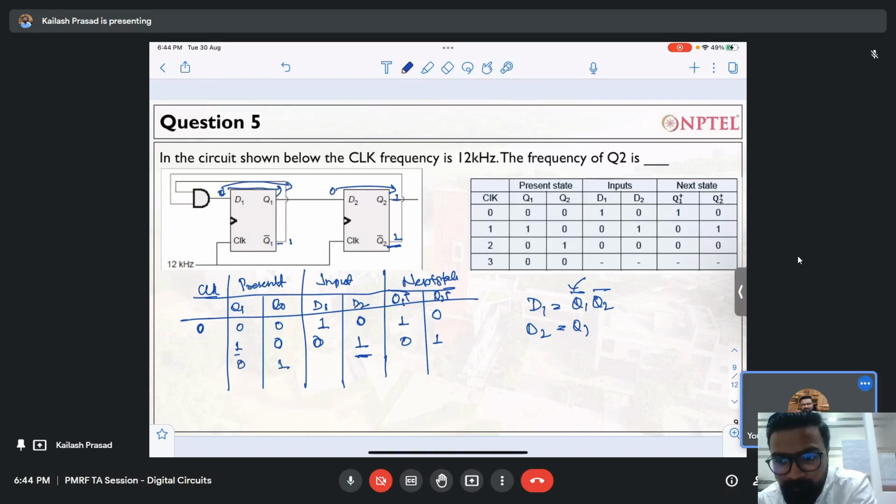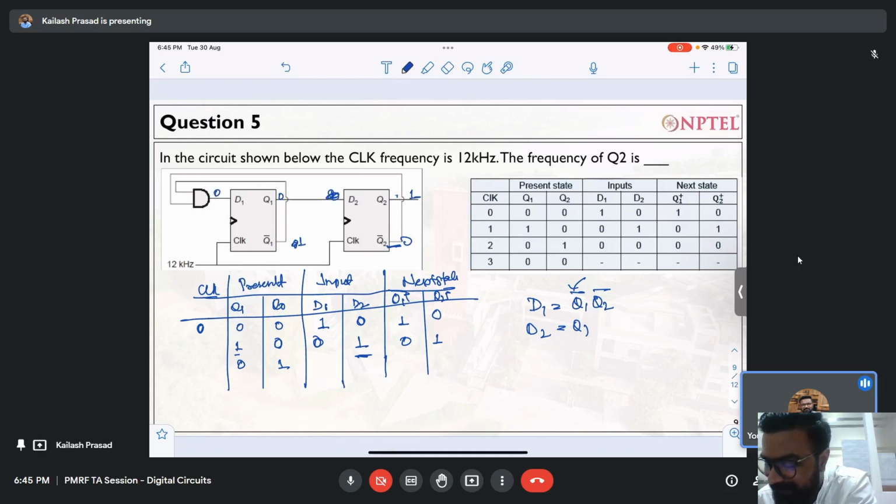When 0 1 becomes the present state, let's see what d1 and d2 are. From here it is going 1, and from here it is going 0, so this node will be 0.